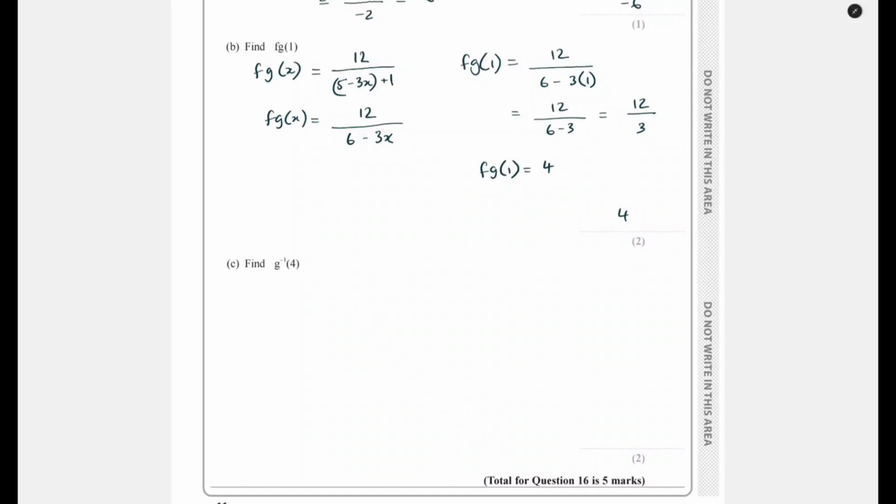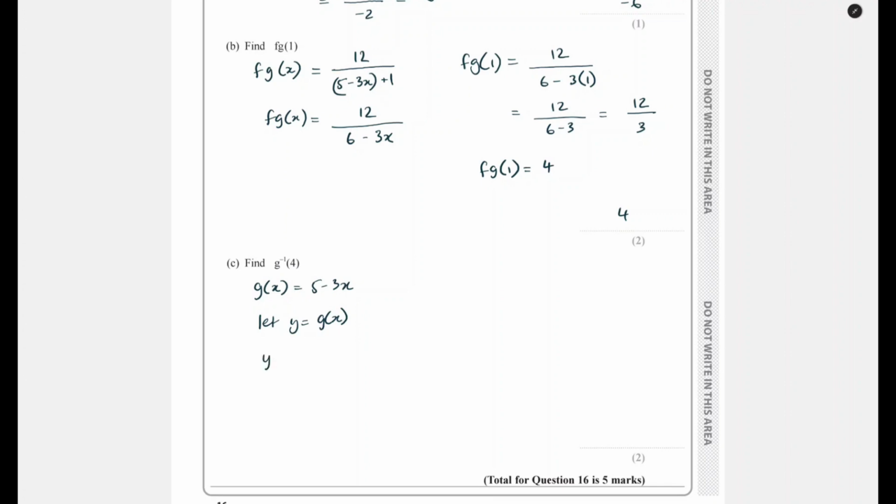Part C says find the inverse function of g where x equals 4. So first we need to find the inverse function of g. The g of x function is equal to 5 minus 3x. We say let y equal g of x.